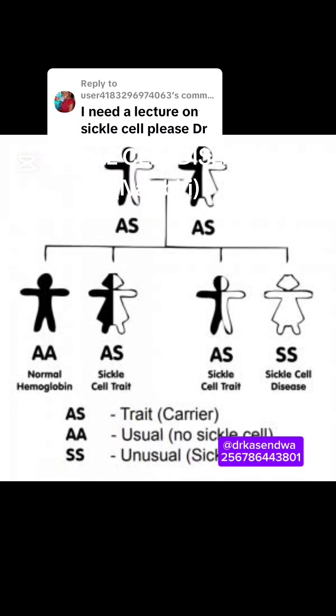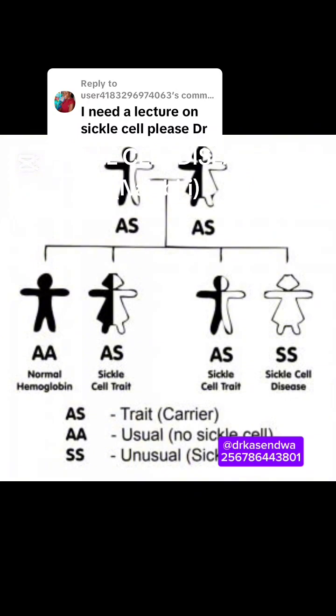If you inherit one gene, you'll have what we call the heterozygous form or the trait form. You will be just a carrier. You will be without symptoms, or you appear as a normal person, but the symptoms and signs may come in extreme conditions that exacerbate the sickling. But for the person who has inherited two genes, one from each parent, you will have sickle cell disease, or the homozygous type.